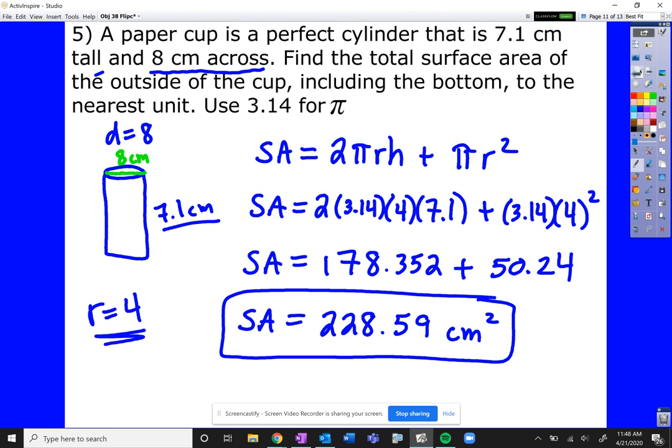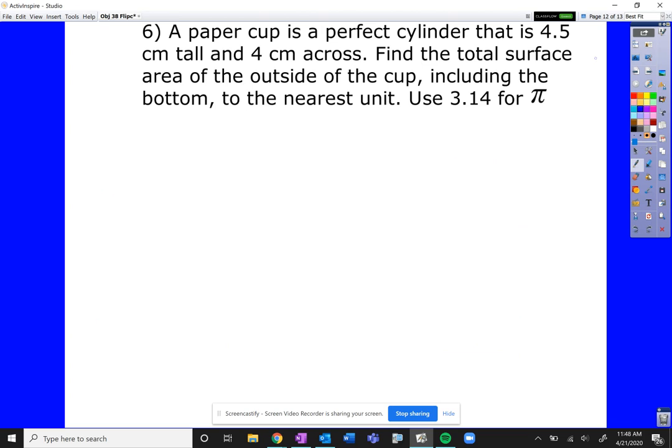All right, one more. Finish strong here, people. A paper cup is a perfect cylinder that is 4.5 centimeters tall and 4 centimeters across. Find the total surface area of the cup, everything on the outside, including the bottom. Let's do it.